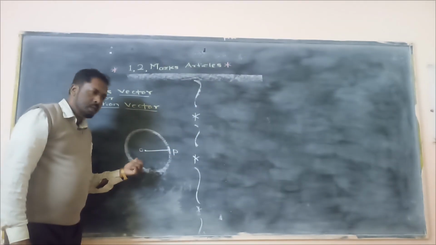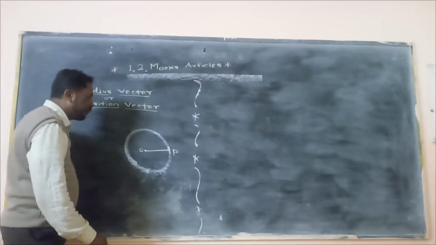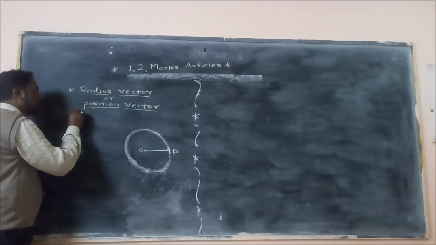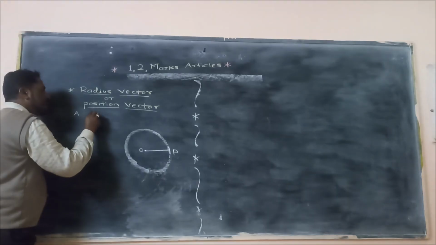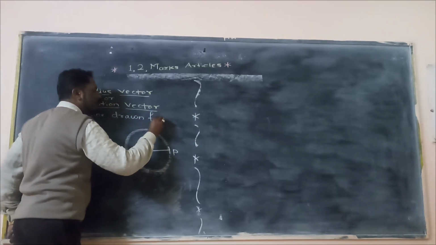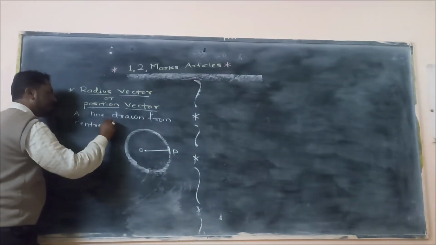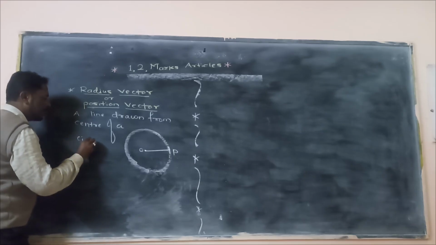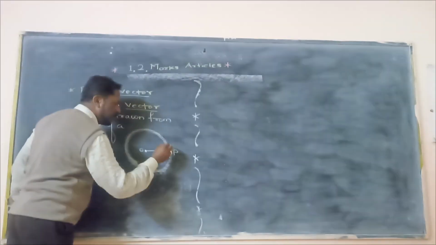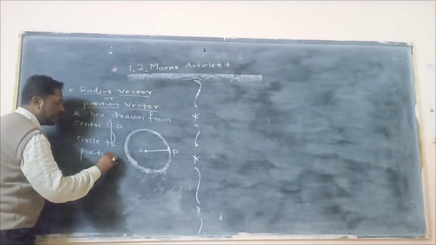So we can say radius vector is a line drawn from the center of a circle to the position of a particle.